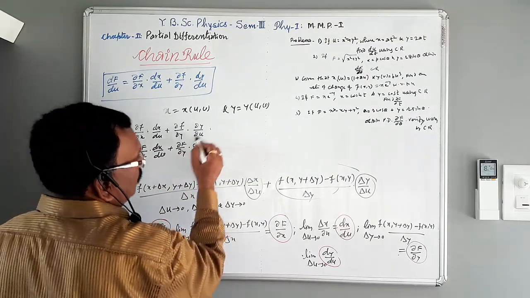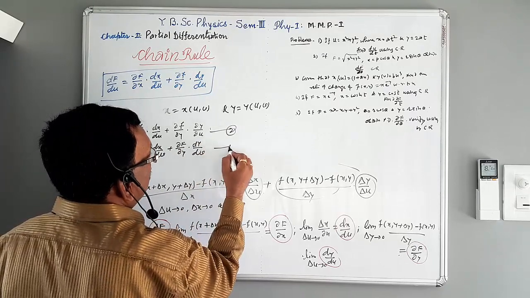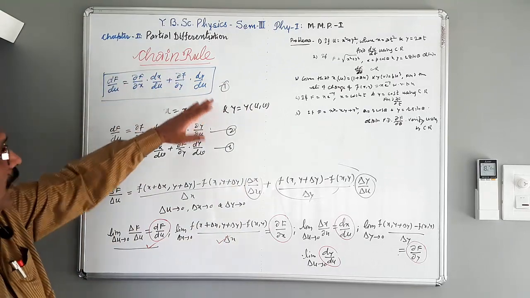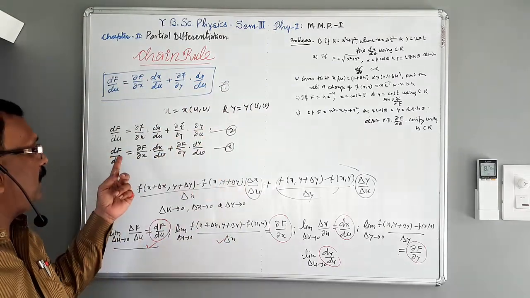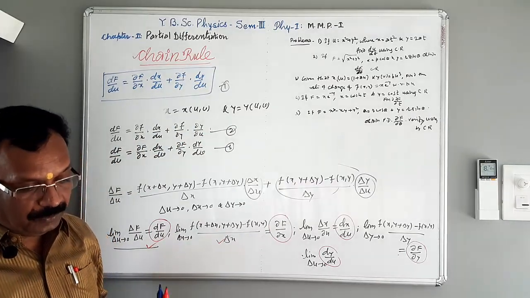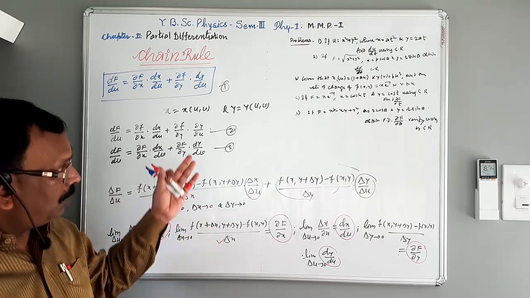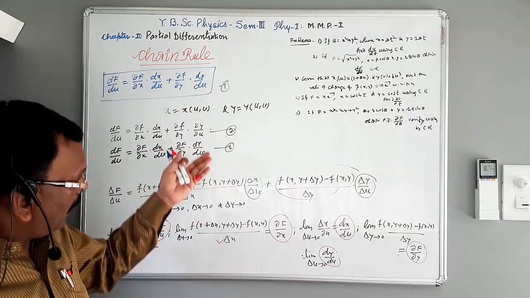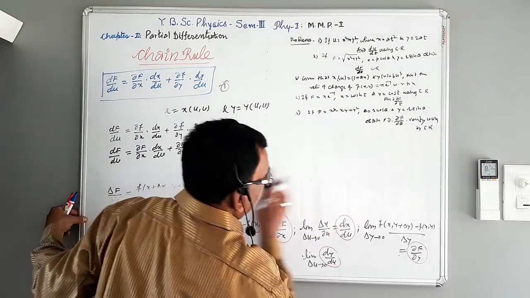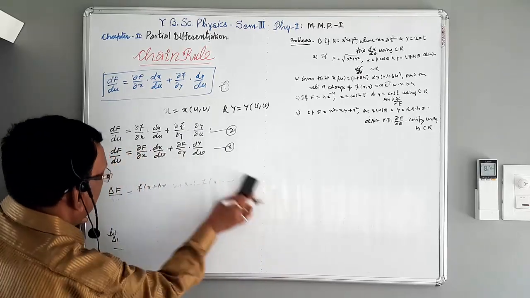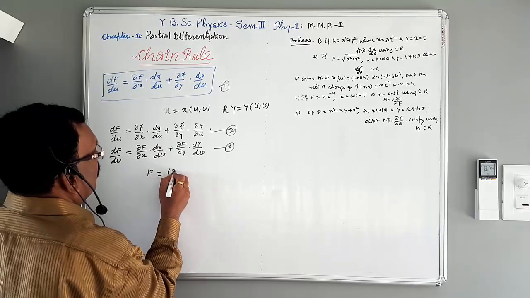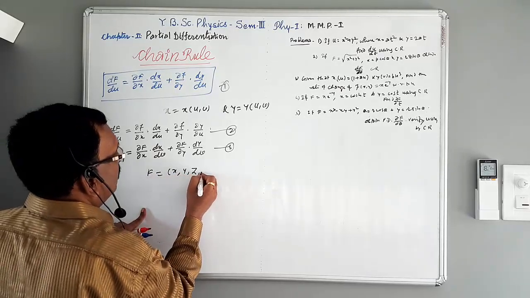Suppose this is equation 2 and this is equation 3, and this is equation 1. Equation 1 represents the chain rule for a single variable, and equations 2 and 3 represent the chain rule for two variables. In the general case, we can follow similar steps as given above. In a general case, we can write the chain rule like this: f is a function of x, y, z.